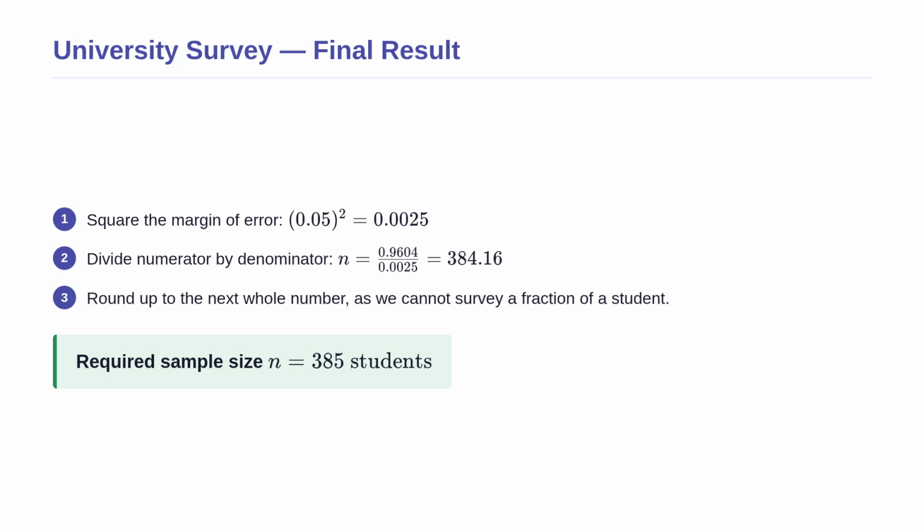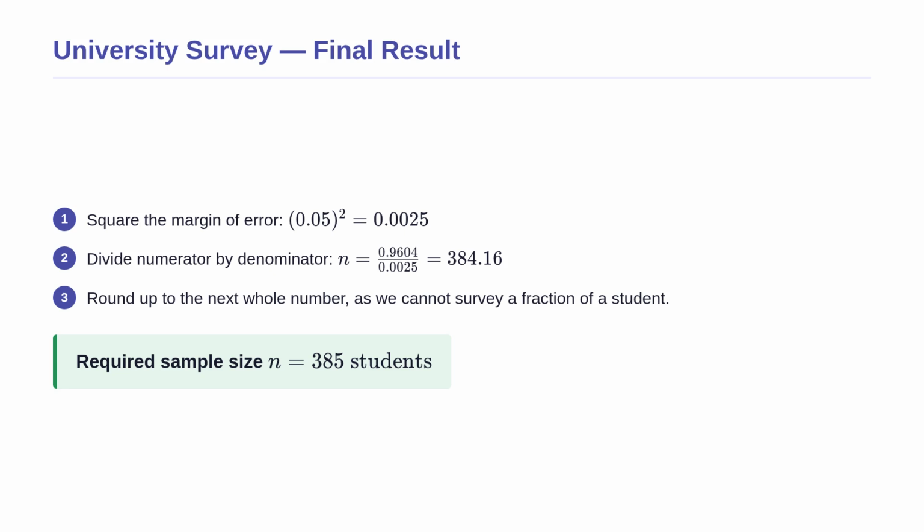Let us move to the denominator and finish the calculation. Squaring our 0.05 margin of error gives a very small decimal, 0.0025. Notice how demanding a small margin of error creates a tiny denominator, which drives the total resulting number up.